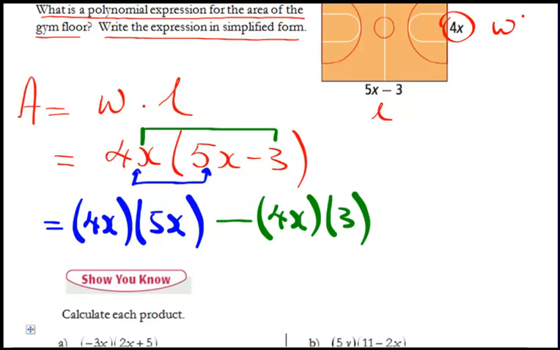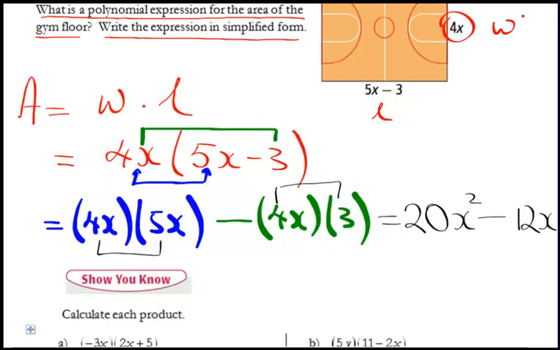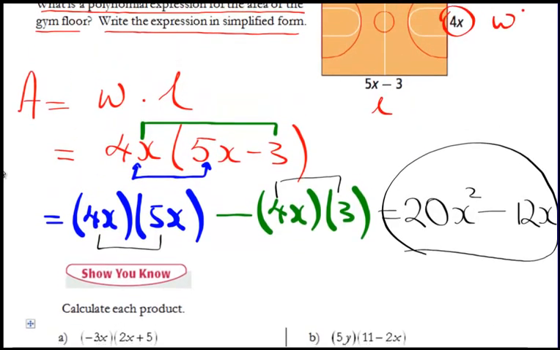Now, we want to simplify that, so what are we going to have? 4 times 5, multiplying the two coefficients, is equal to 20, and then x times x gives us x squared. And then the second one, our two coefficients are 4 and 3. It's subtraction, so that's minus 12x. So this expression here is going to be the simplified expression for the area of that gym floor.